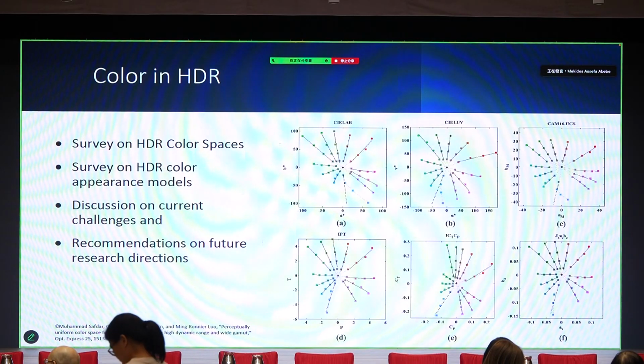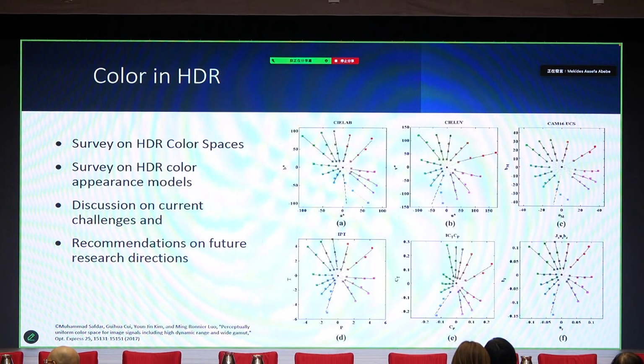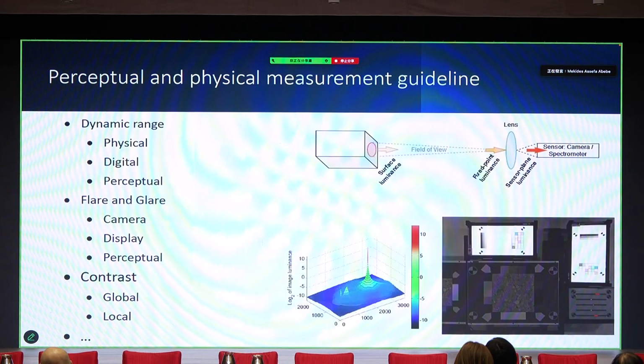The channel independence, hue linearity, and other luminance-related color appearance models, if they are not properly handled, will not create an accurate appearance reproduction when we include them in different imaging pipelines.